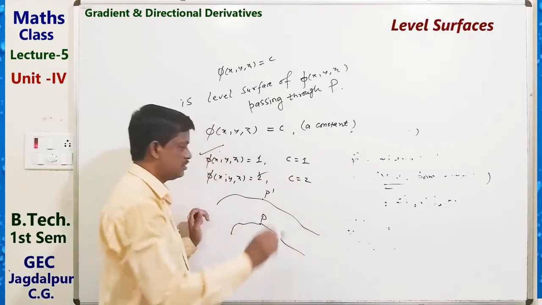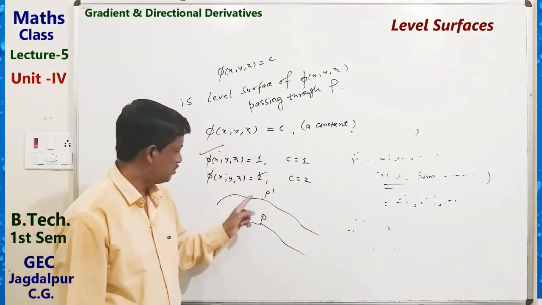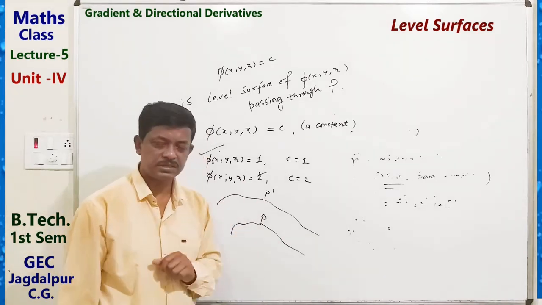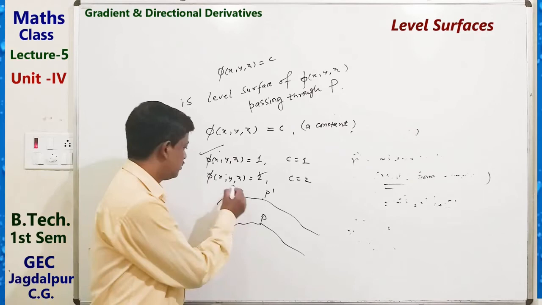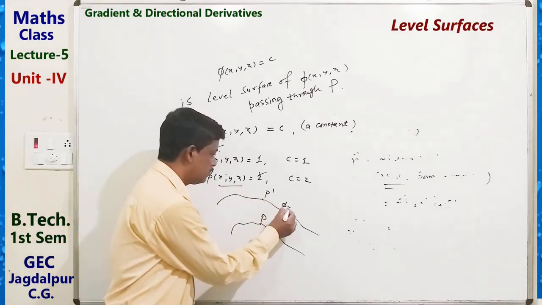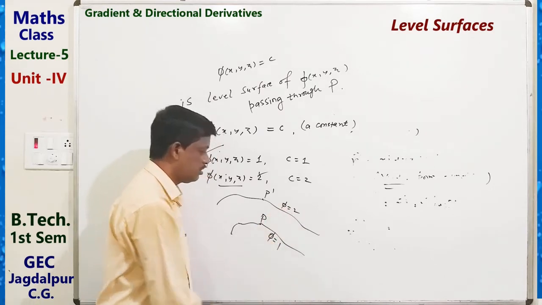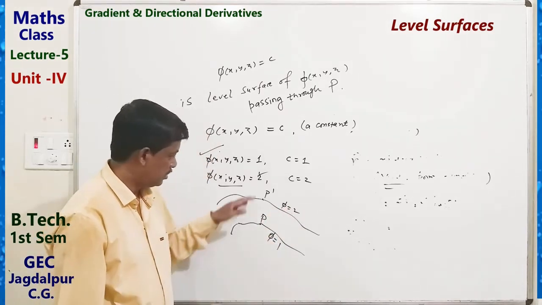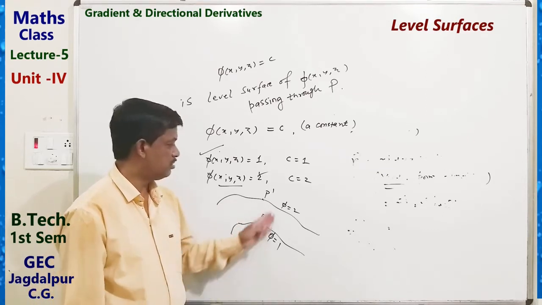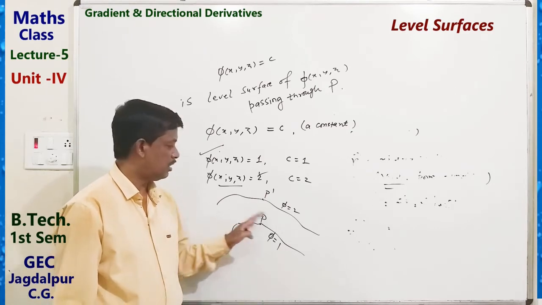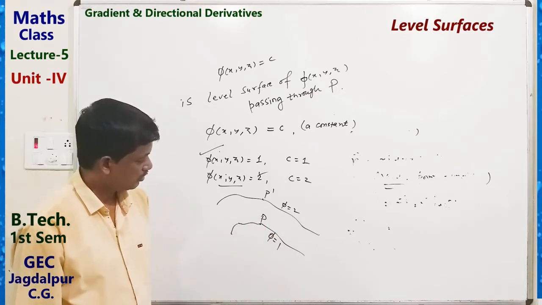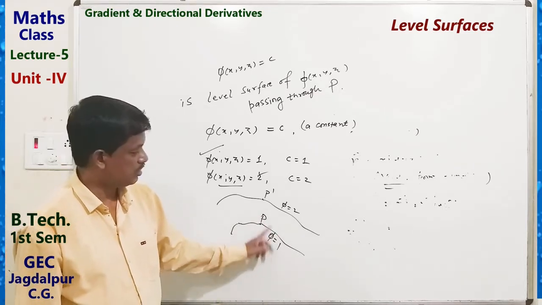Here phi equals 2, here phi equals 1. These two surfaces cannot intersect, because if they intersected, the value of the function would have to be the same at all points, which contradicts phi equal to 1 and phi equal to 2.